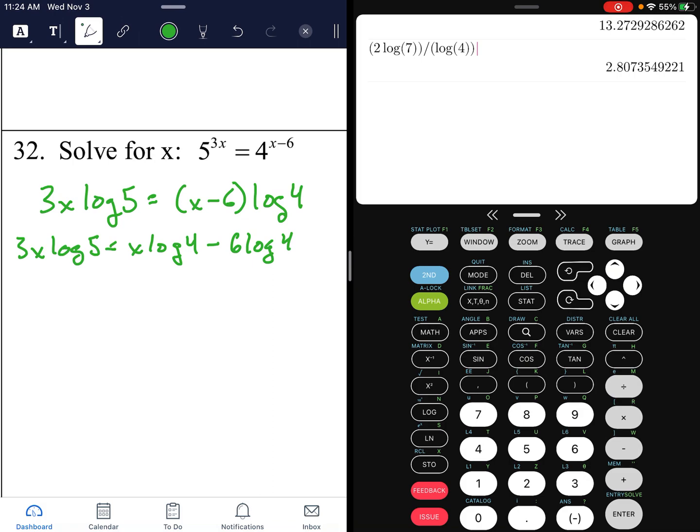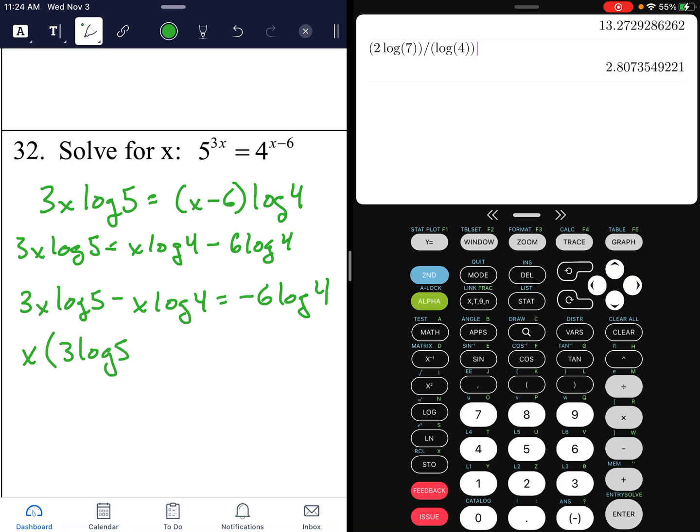I'm going to subtract the x log of 4 to the other side, so I get 3x log of 5 minus x log of 4 equals negative 6 log of 4. Okay, now that I have all the x's on one side, I can take the greatest common factor of x out.